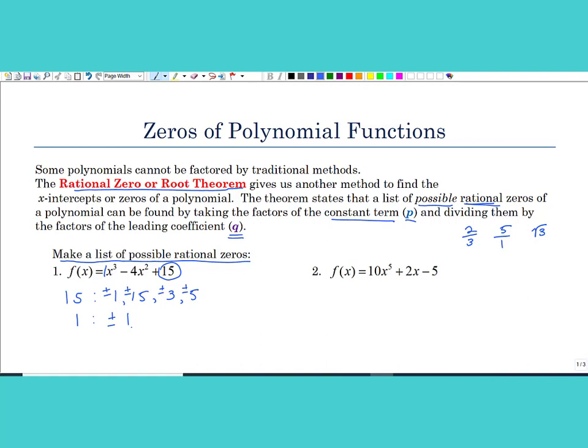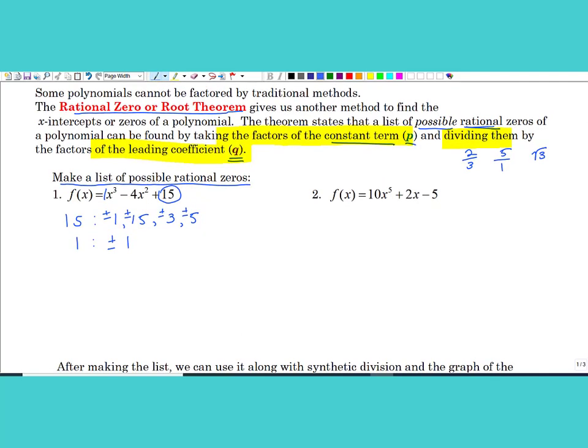Have I made my list? No, I have not. Go back and let's read. It says, found by taking the factors of the constant term and dividing them by the factors of the leading coefficient. So I need to divide. So I'm going to take the factors of the constant term and divide them by 1.